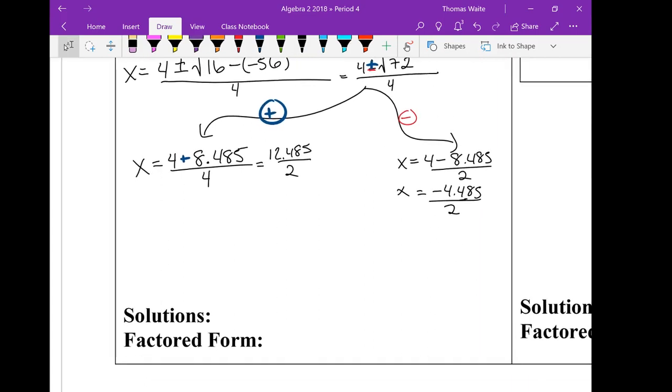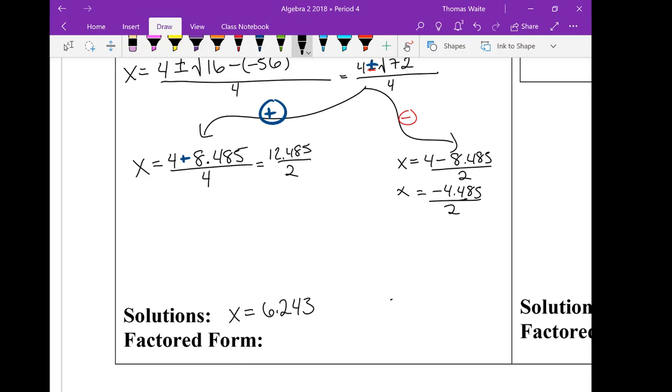So then overall, we have 2 solutions. One where we divide. So 12.485 divided by 2 is our first solution. That's going to give us x equals 6.243, rounding up to 3 decimals.